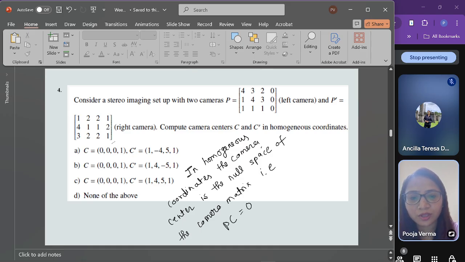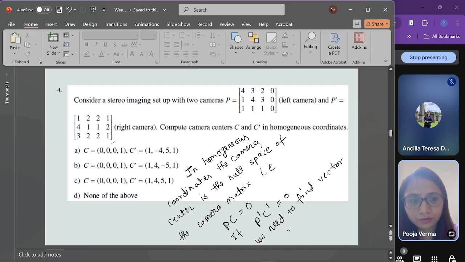Already we know that if it is the right camera matrix, it will be P dash C dash equal to 0. So first we will calculate the left camera center. For that, PC is equal to 0. So P is given, and we need to find C.